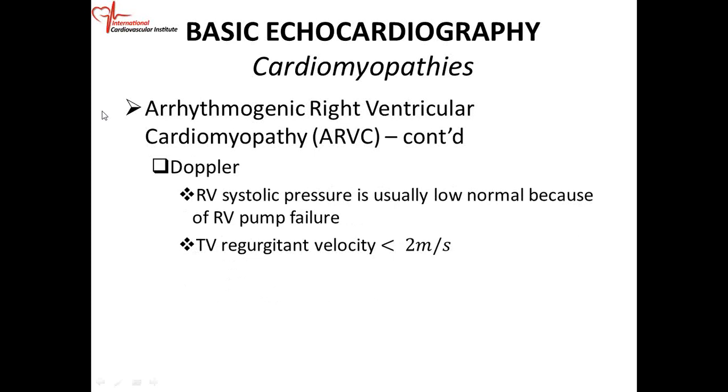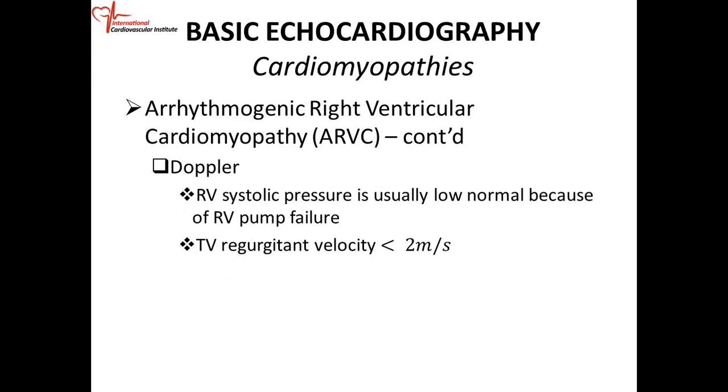So when you do your Doppler, your RV systolic pressure is usually low normal because of RV pump failure. We showed you how to evaluate your RV systolic pressure when we did hemodynamics, because the RV wall is taken over by fibrofatty tissue.